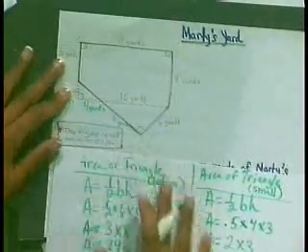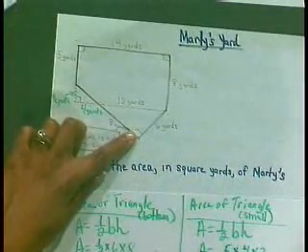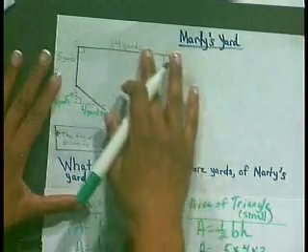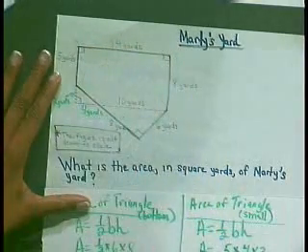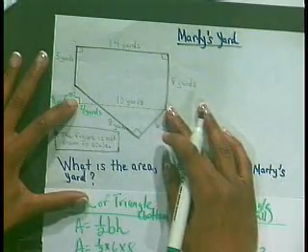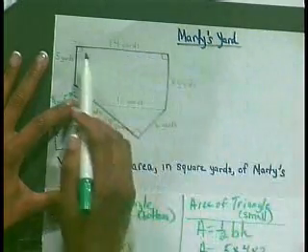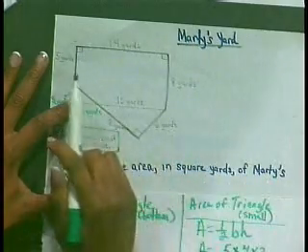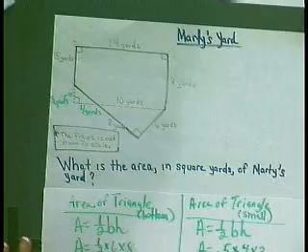So we have the area of the larger triangle and the smaller triangle. Now we need the area of the rectangle. The area of the rectangle will be the length times the width. We said the length and width were 14 and 8.